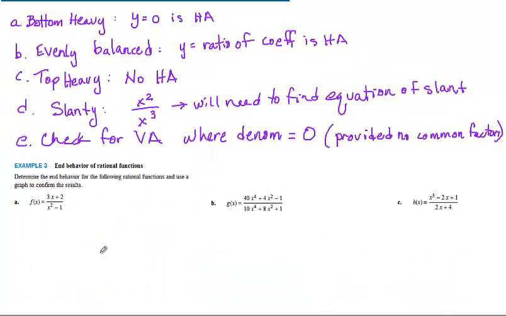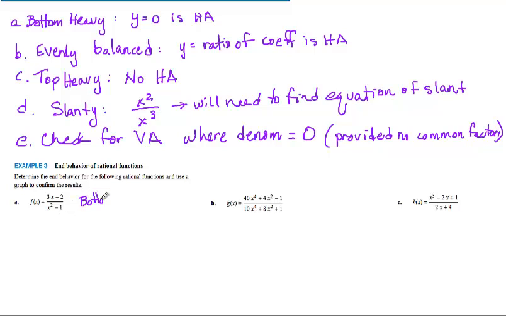We already looked at these functions in the previous video, the part A, but I would like to look at it using our rules so that I don't have to do that formal finding the limit in order to determine the end behavior of these functions. If I observe this function, I notice that he is bottom heavy.